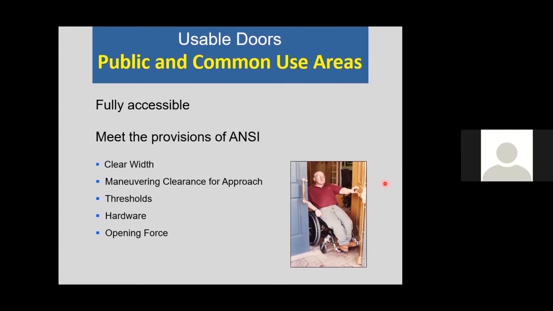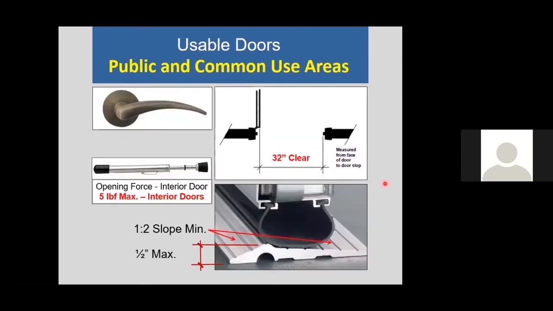These are all the provisions that would make a manual swinging door fully accessible to meet these standards. And so these are the doors leading into the building, public and common use amenity spaces, and the door to the dwelling units.